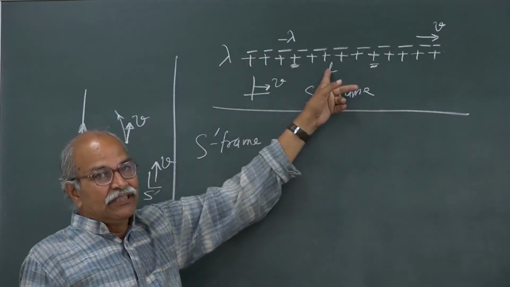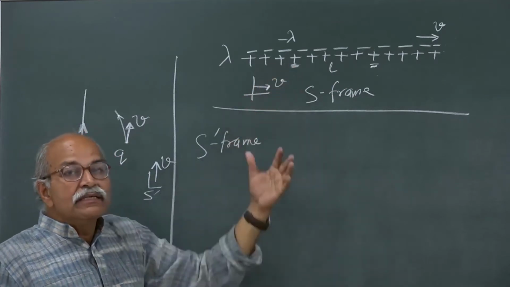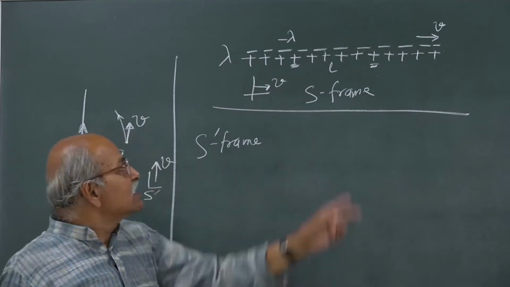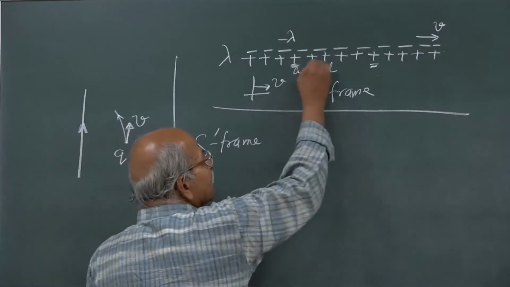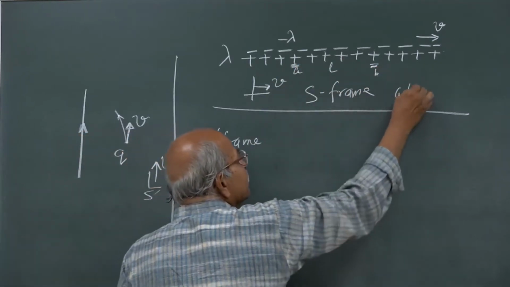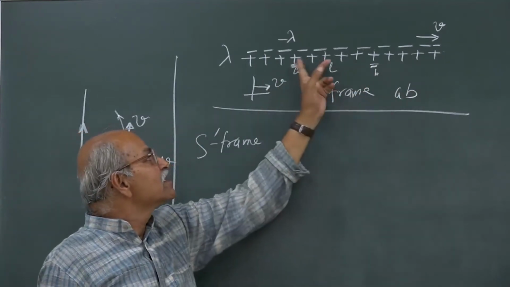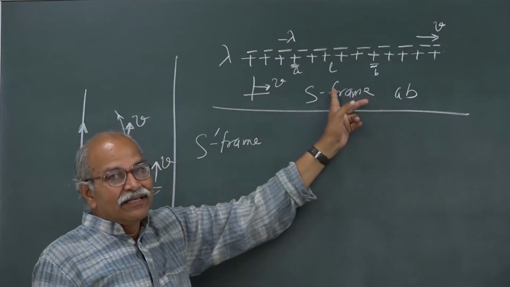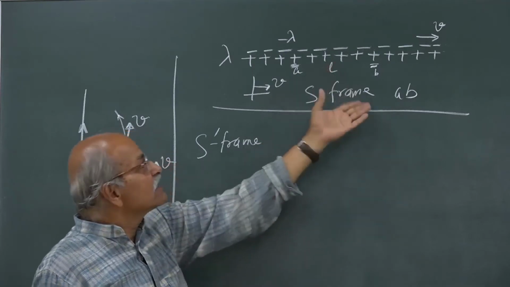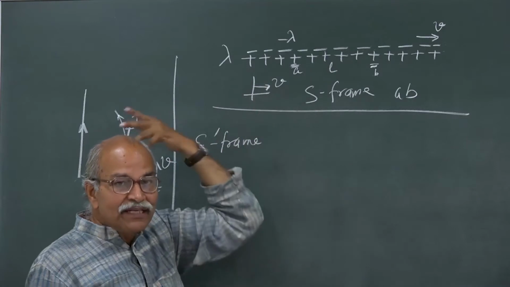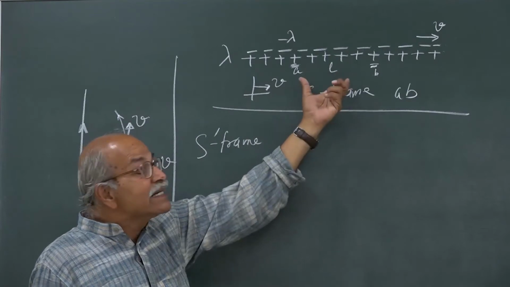L. Now, if you see from the S prime frame, this will be contracted because this line charge is at rest in S. So, if I call this point small a, this point small b, then the length a b is the rest length here. If you look at the same length from the S prime frame, this positive charge is going in the backward direction, it is moving, and moving lengths shrink, and therefore, the length will be decreased.